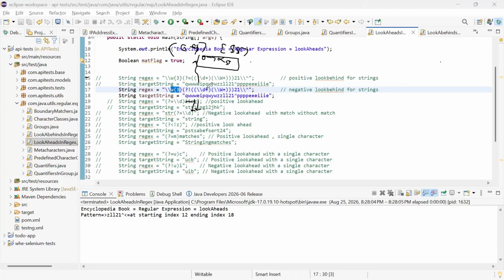Since this condition got evaluated to true at this index, it will start matching 2 here. Do we have 2 here? No, we don't. Since W doesn't match with 2, it will fail.